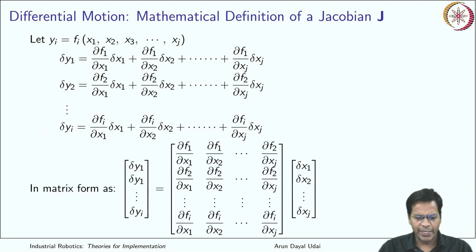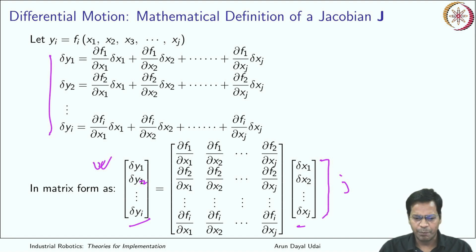If you pack it together in matrix form, the vector of delta y1, delta y2, delta y3, delta y4 and so on till delta yi, where y1 to yi are i different output variables, and this becomes your input variable vector: delta x1, delta x2 till delta xj. They are j input variables.